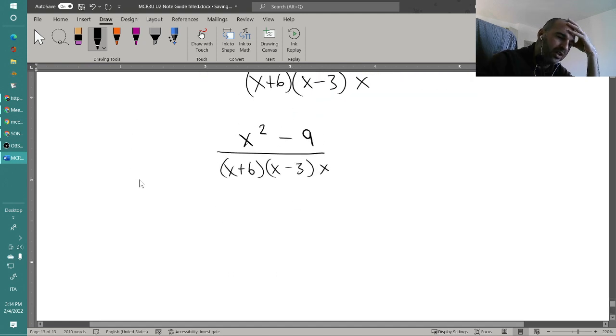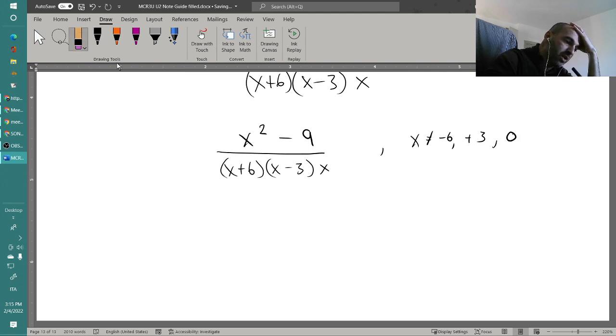I do have some restrictions to write down, that x cannot equal negative 6, cannot equal positive 3. Sorry, it was a negative 6 there. And that x cannot equal 0. There is one more thing that we can do here.